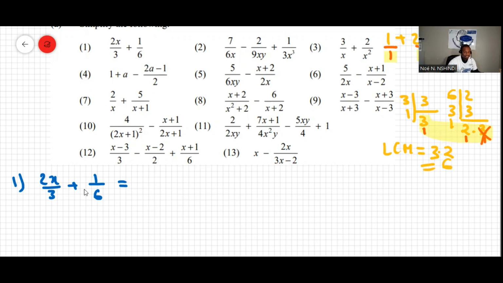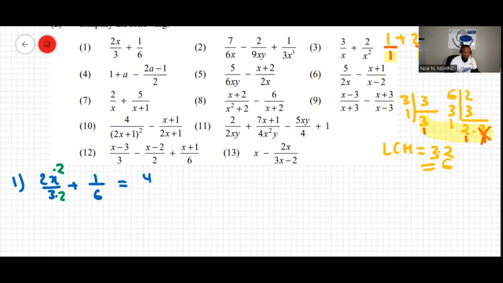Now, I'm trying to make this denominator common, okay? So to do that, I need to change 3 into 6. I must times here by 2, because 3 times 2 is 6. So if I times the denominator by 2, to keep my fraction the same, I must times the numerator also by 2.